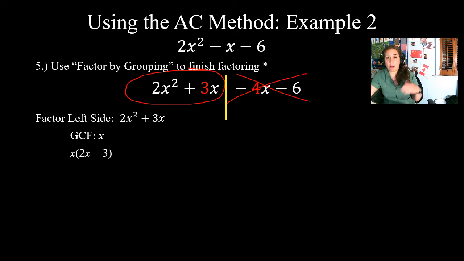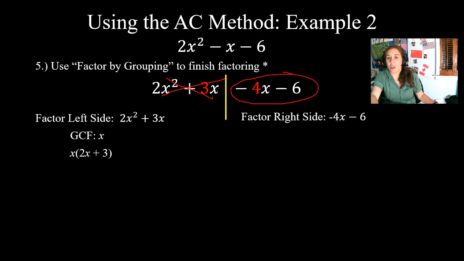So that is what I get when I factor the left side. Now I'm going to completely ignore the left side. I've factored it, and I'm going to focus on the right side, all right? I need to factor the right side, -4x minus 6. Same process. I'm going to ask myself, is there an overall GCF? Why, yes, there is. It is -2. Both of these terms share a factor of -2.